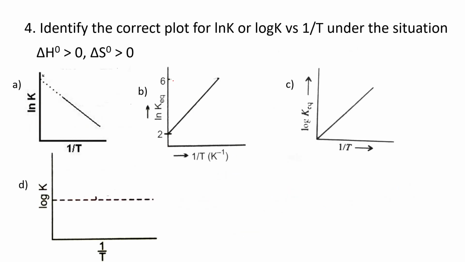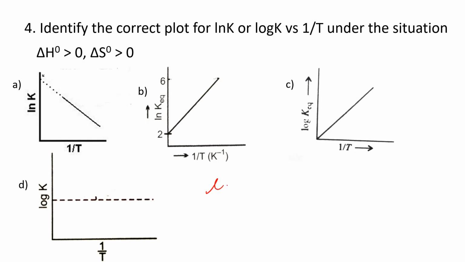Now the fourth question. Identify the correct plot for ln K or log K versus 1 by T under the situation delta H0 greater than 0 and delta S0 greater than 0.